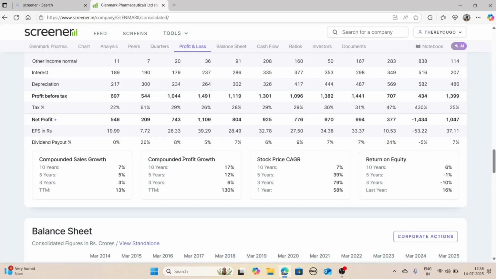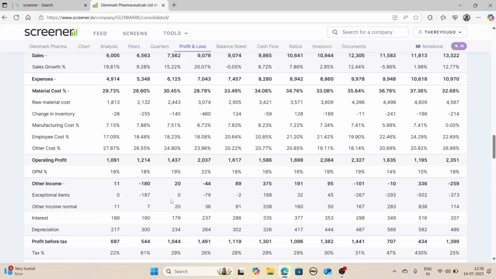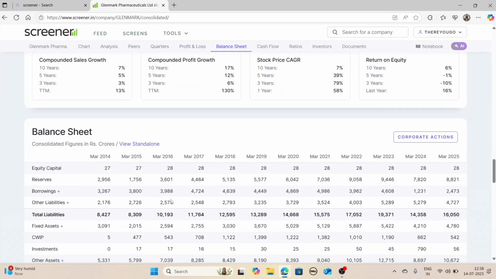It is weak, or even going below. We can say that it is stagnant, but it is not improving its efficiency even after the 10 years. It shows very bad quarterly results and profit and loss statement.